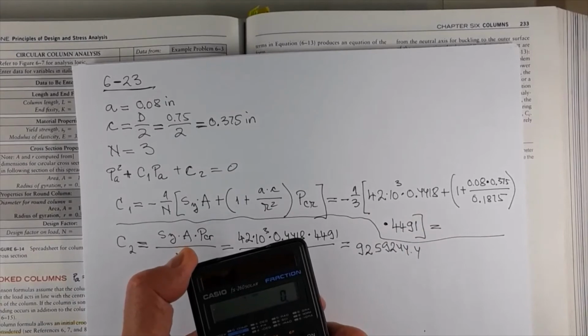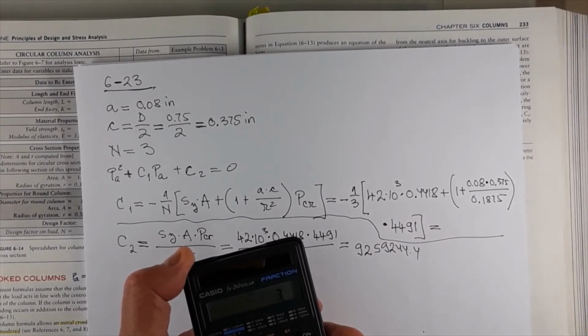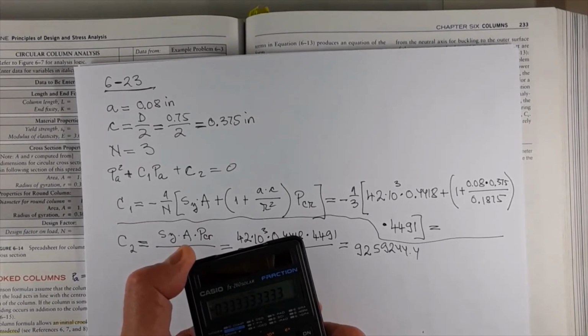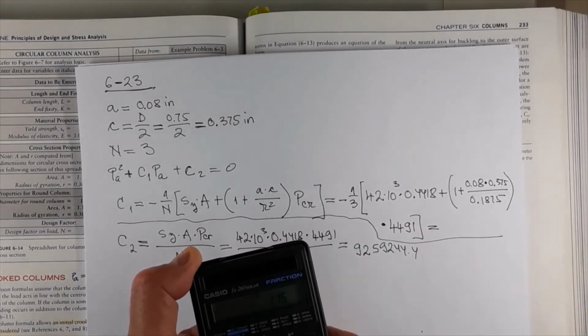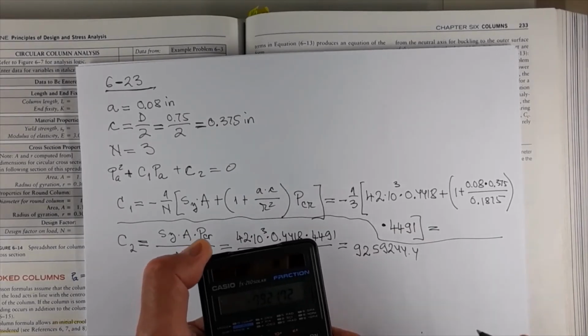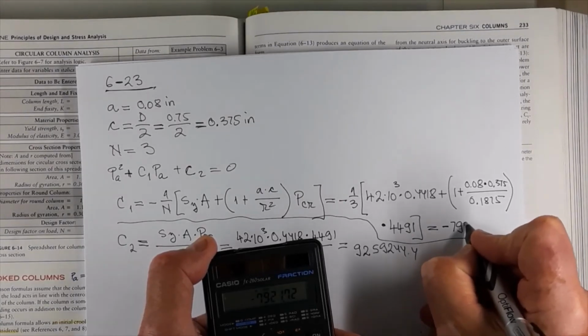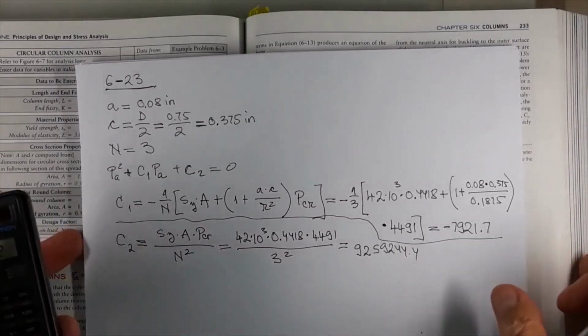So 1 over 3 times parentheses 42 exponent 3 times 0.4418 plus parentheses 1 plus 0.08 times 0.375 over 0.1875 close parenthesis times, forgot to multiply by this apparently earlier, 4491 close parenthesis equals, so this is negative 7921.7.